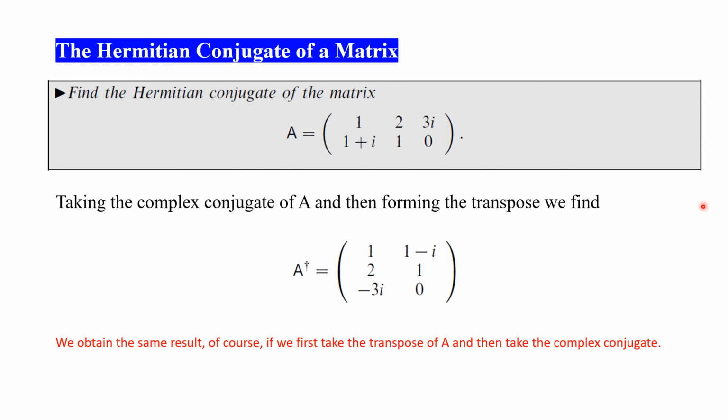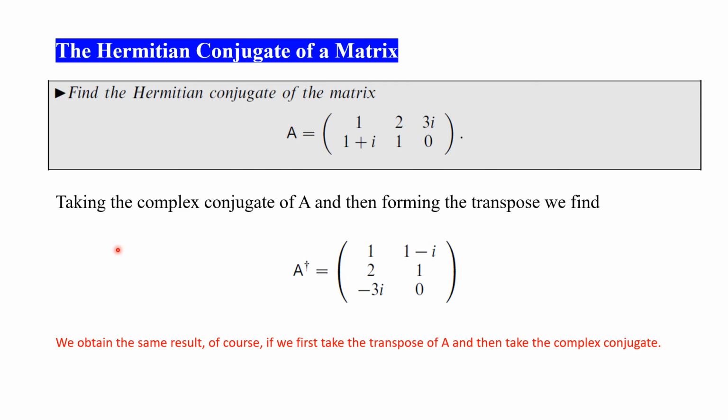For example, find the Hermitian conjugate of this matrix here. You have 1, 2, 3i, 1 plus i, 1, 0. We have already solved for the complex conjugate of this matrix earlier. So what we did again was we got the individual complex conjugates, and then for this example, you're going to find the Hermitian conjugate.